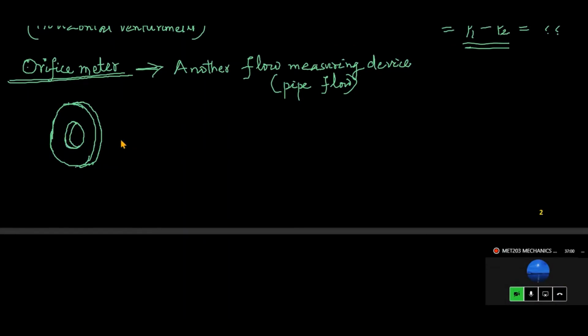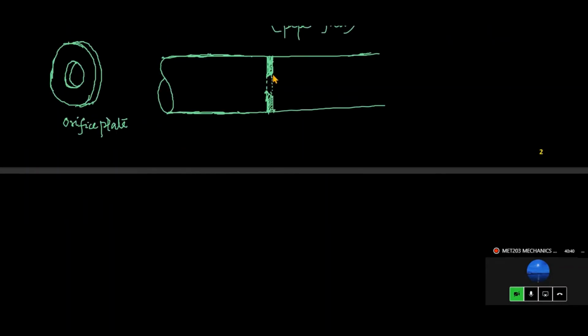So this central hole is the orifice, and this I can call the orifice plate. It's having a sharp edged hole at the center. And this orifice plate is installed in the pipeline with the help of flanges on two sides. Pipe is cut and then this is installed into the pipeline. Sharp edged orifice like this.